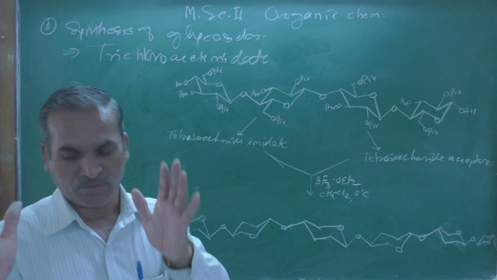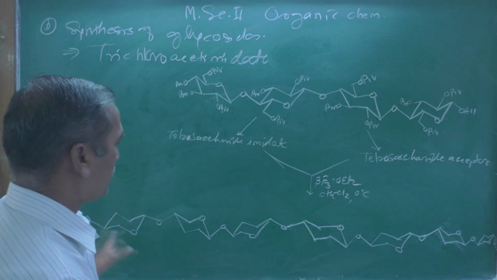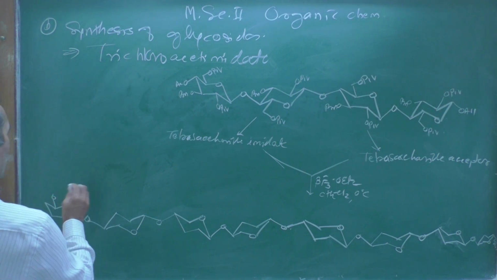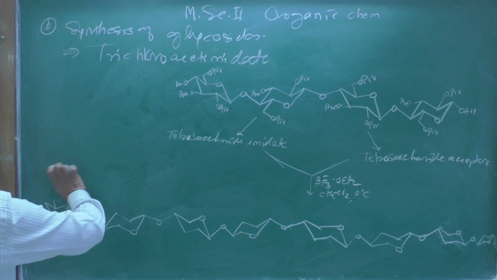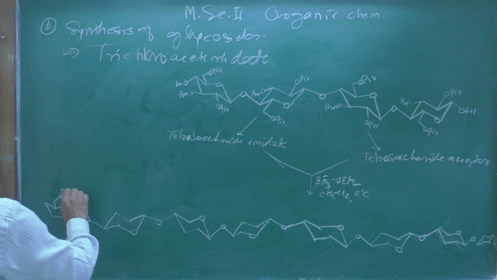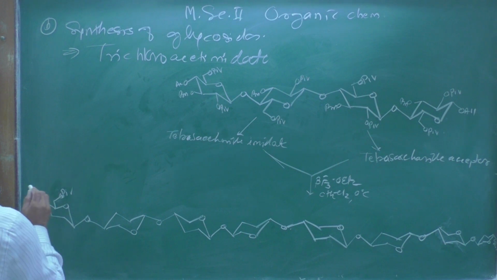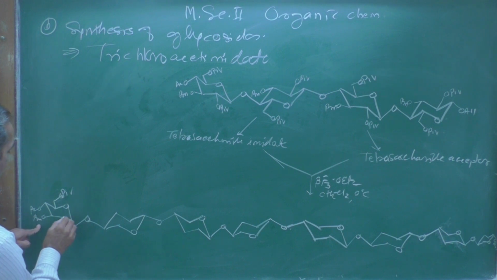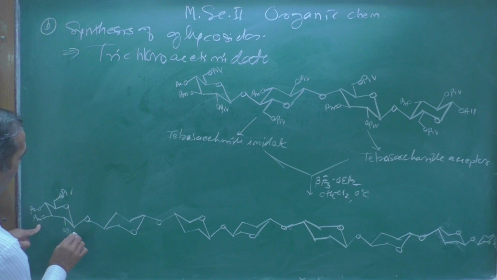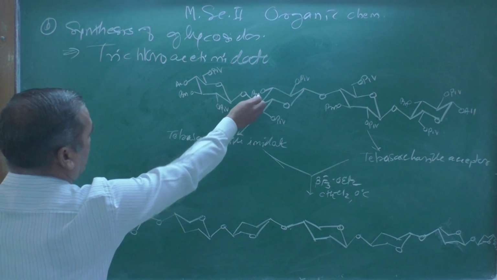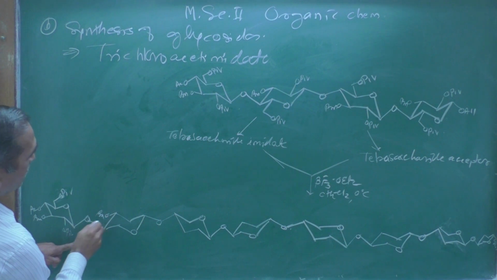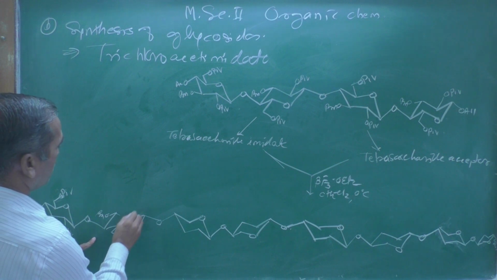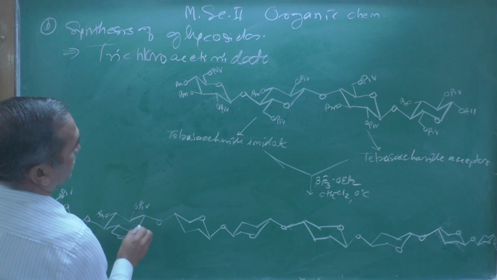So what we did, first we have taken both sides, and now whatever things are there, you can write down as it is: OPiv, not like this. This is OPiv, then OAc, and here once again OBn as it is. Now here is OPiv. Then here OBn, and this side once again OPiv, here OPiv.